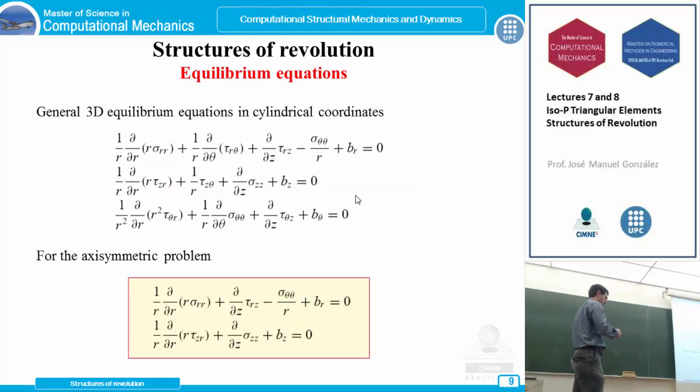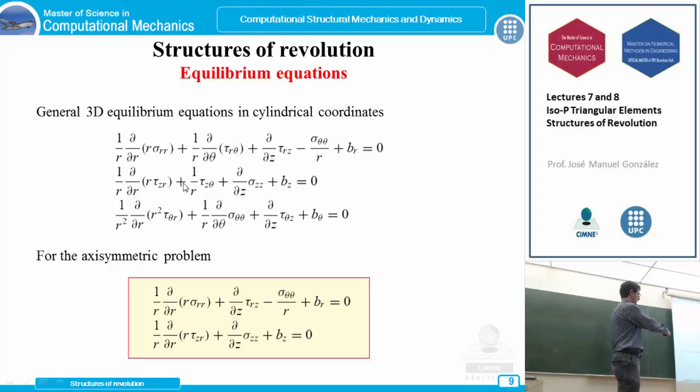Now we get to the equilibrium equations, which in the three-dimensional problem and in cylindrical coordinates show these three equations here, which involve, of course, the radial stresses, tangential, circumferential stresses, and the body forces. Of course, we are considering three components: radial, z, and circumferential component.